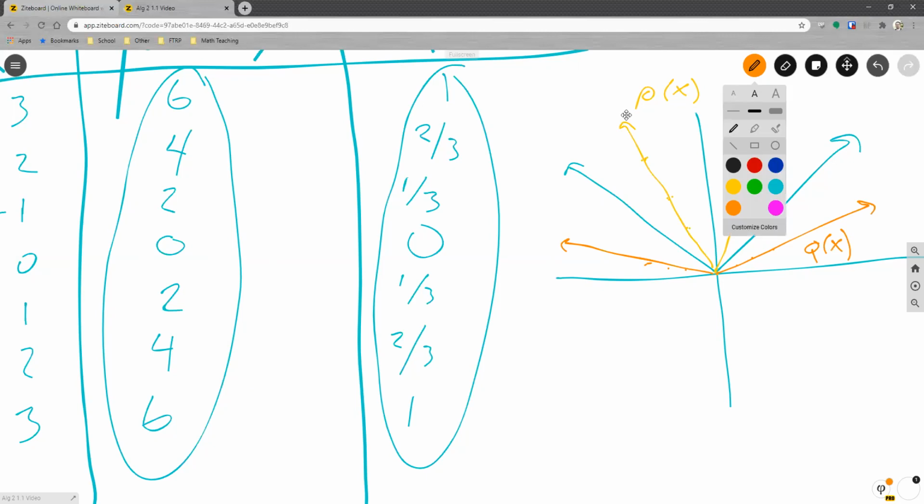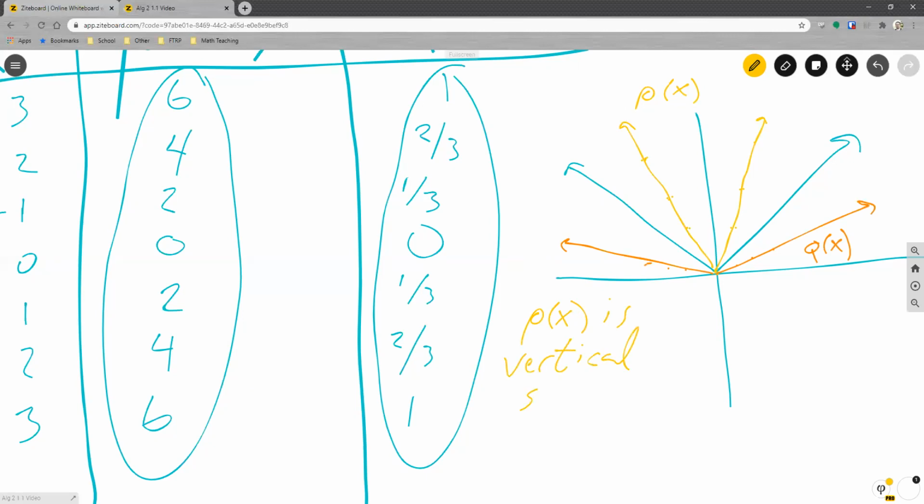And if I wanted to talk about these, I could say that p of x is a vertical stretch by a factor of 2. It's like everything has been multiplied by 2.